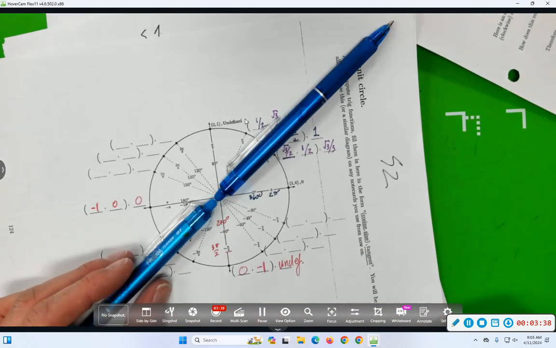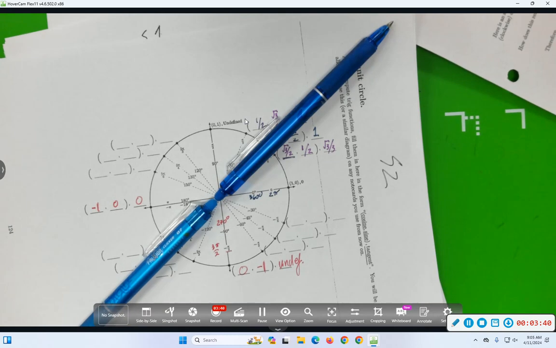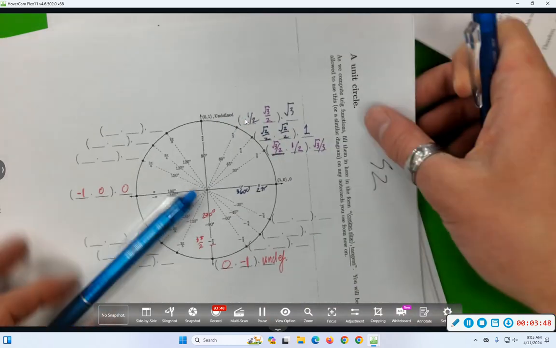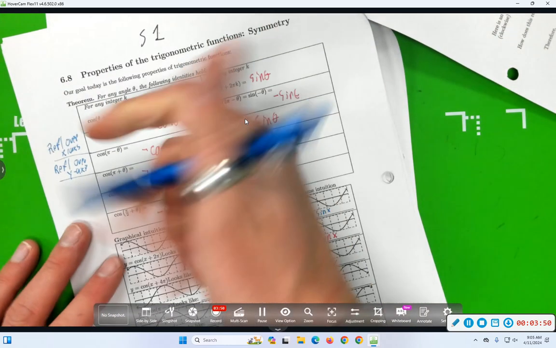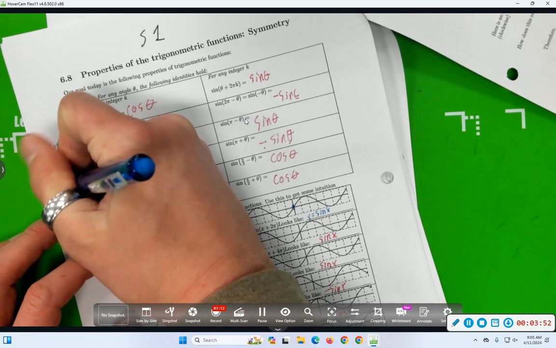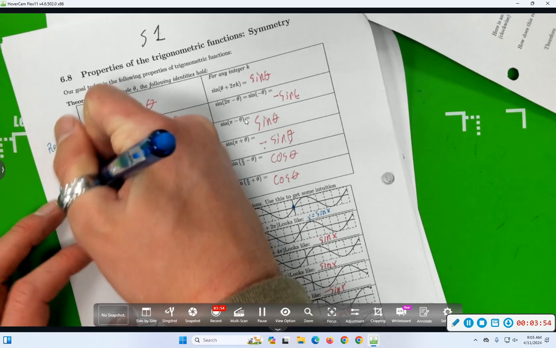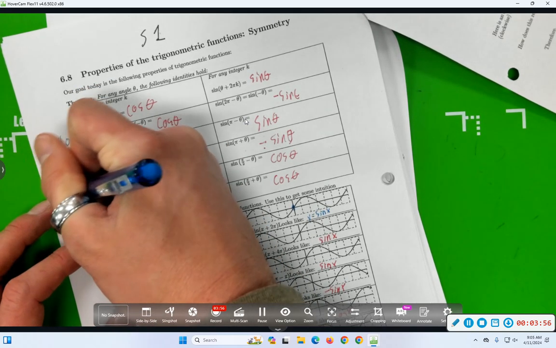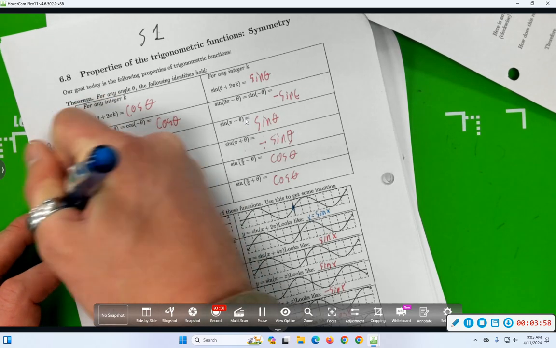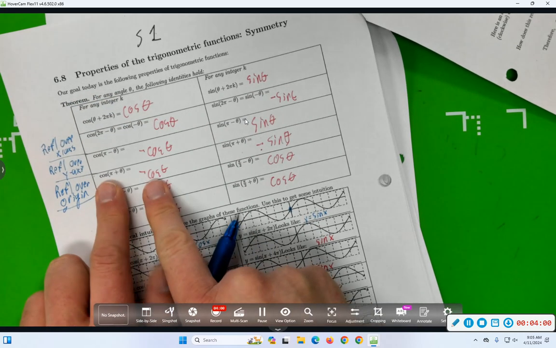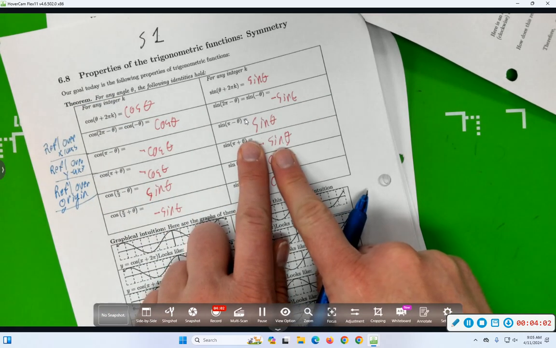It points in that direction now. What symmetry is that? Reflection over the origin. And let's see if that holds up. X value becomes negative, Y value becomes negative. Seem believable?